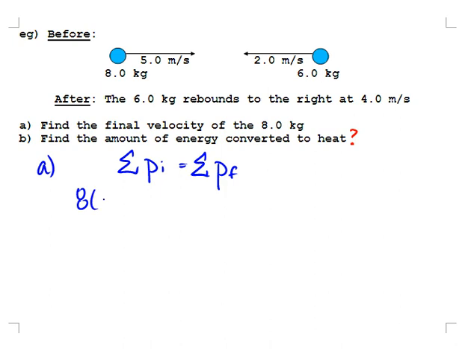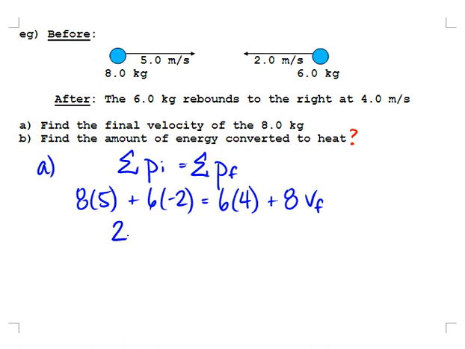So it's 8 kilograms moving at 5 meters per second and 6 kilograms moving to the left, negative 2 meters per second, equals, now we've got the 6 kilogram mass rebounding to the right at 4 meters per second, and we want to know what that 8 kilogram mass is doing. And I think that left-hand side was 28 equals, what's that, 24 plus 8 VF.